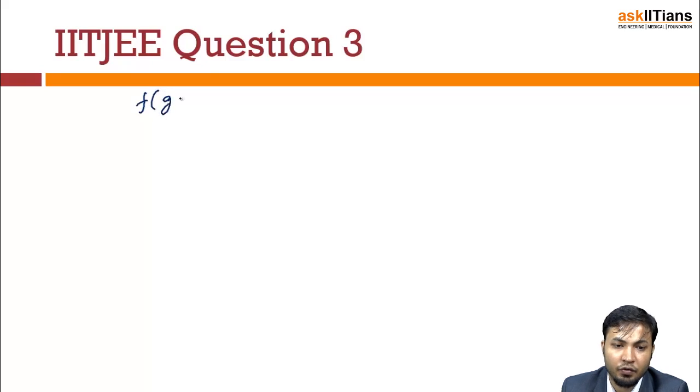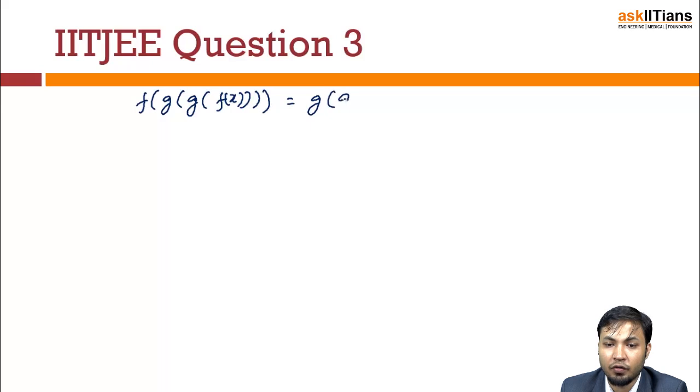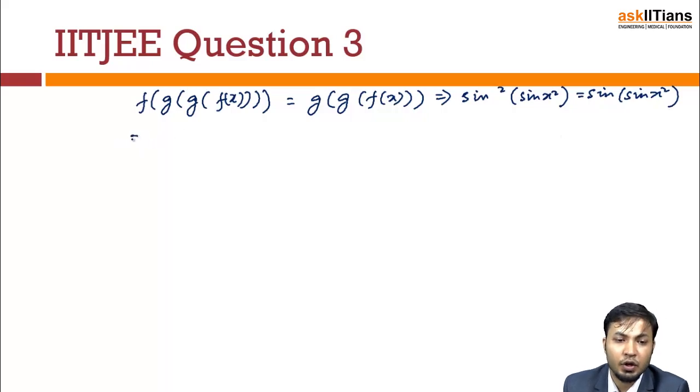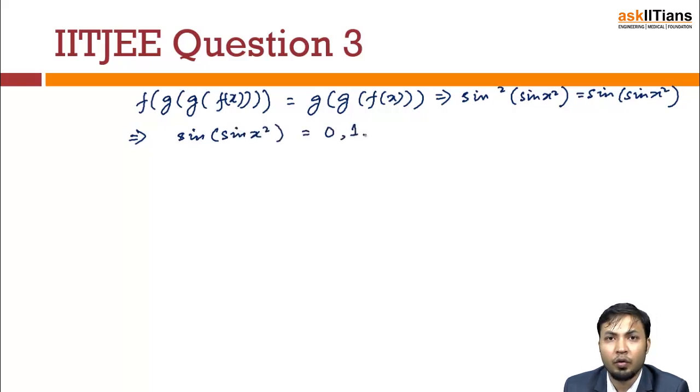It is given f of g of f(x) is equal to g of f(x). This implies I get sin of sin x square is equal to sin x square. If you solve that, this will give me sin of sin x square equal to either 0 or 1.